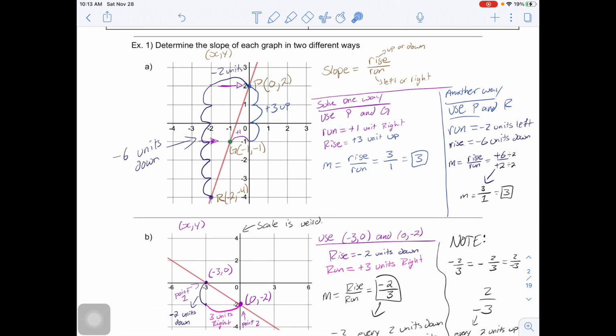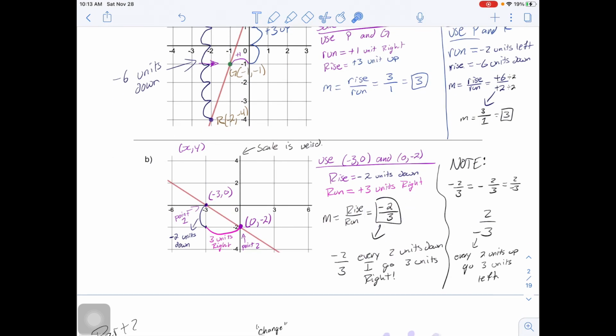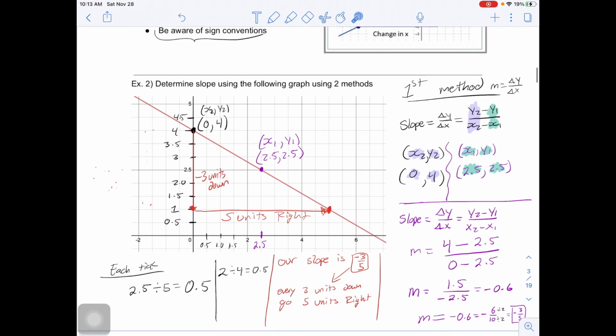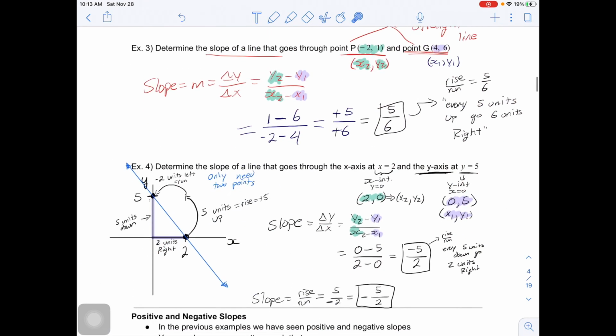Anytime you have a positive slope, as you go to the right, you're increasing or going up. Anytime you have a negative slope, you're decreasing to the right. So here, this would be a positive slope because you're going to the right upwards. This is a negative slope because you're going down as you go to the right.